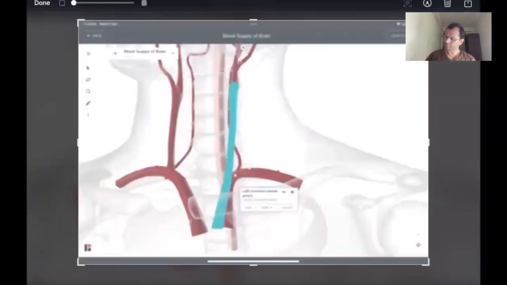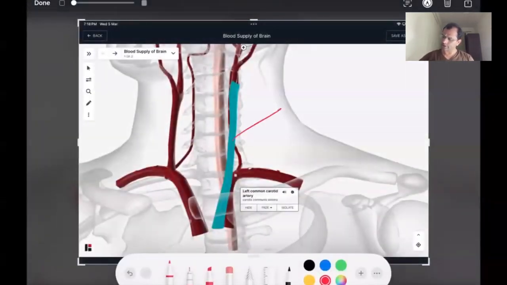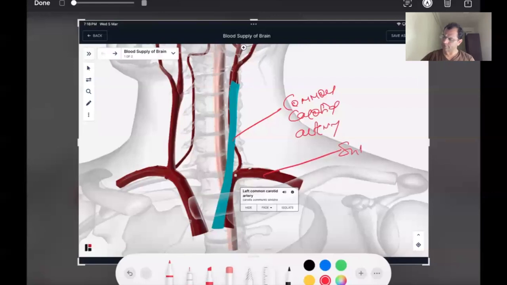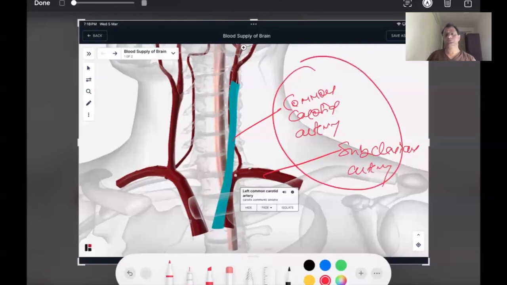On the left side we have the common carotid artery and the subclavian artery, and they are the main arteries which will supply the brain. But on the right side we have the brachiocephalic trunk.